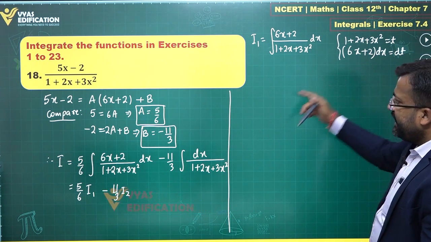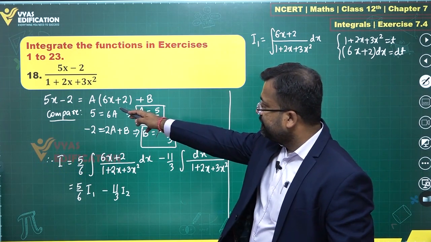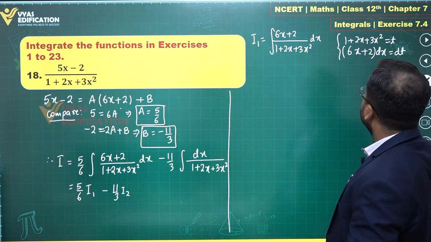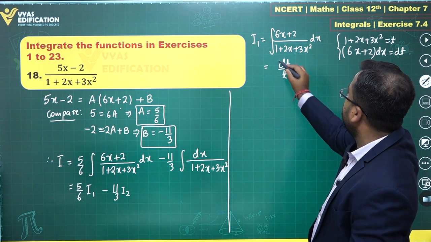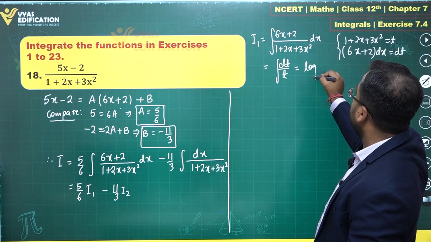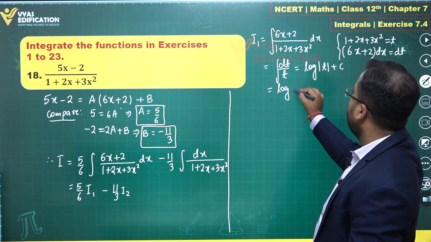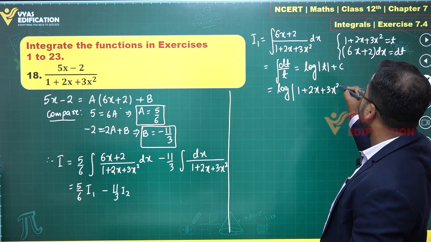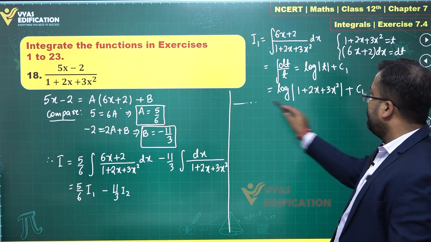And we have actually planned using that idea, right? Derivative of the denominator is with a over here. That 6x plus 2 is nothing but the derivative of the denominator, yes. So this becomes dt upon t, integral, this is log mod t plus constant, which is log of mod 1 plus 2x plus 3x square plus c1, let's call this constant c1. This is I1 for us.